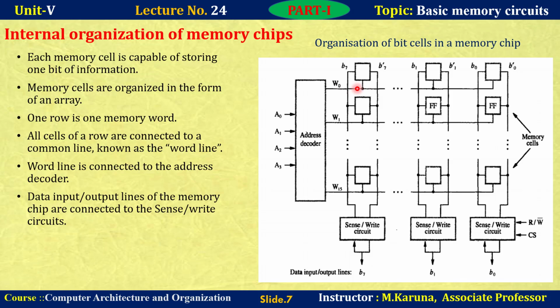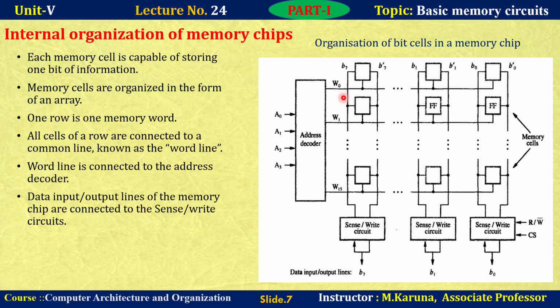Each location is connected to one word line, that is, the first line is connected to W0. Likewise, how many rows are present here? 16 rows are present. That means 16 memory locations are present in this structure, so this memory can be used to store 16 words.